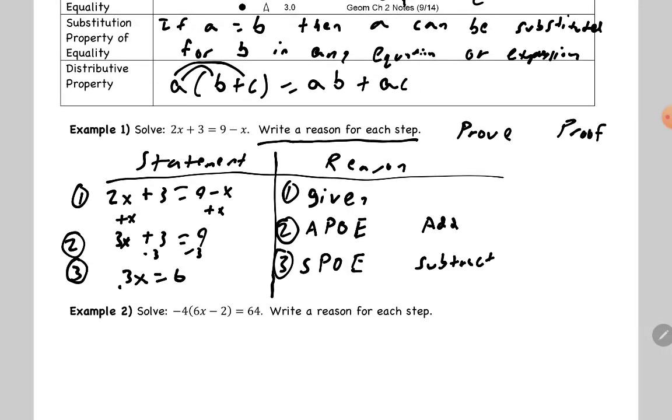So we added, then we subtracted. And then lastly, we're going to divide. So my fourth statement, if I had more space, I'm going to go ahead and leave out the work and just put 4. So x equals 2. And that was from the division property of equality.